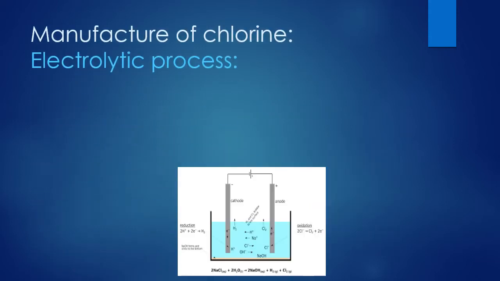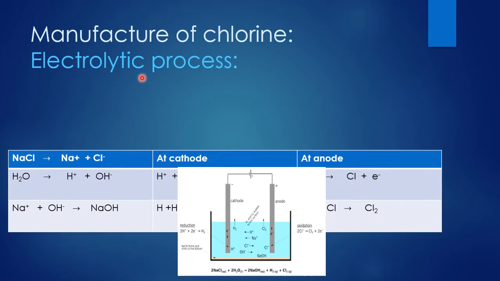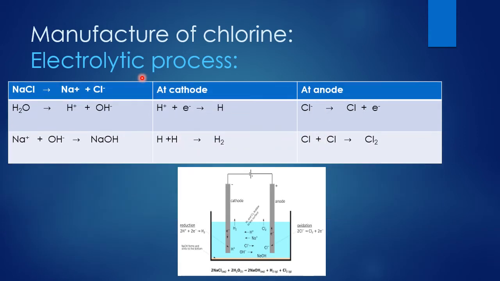Manufacture of chlorine. There are two methods to manufacture chlorine. One method is called the electrolytic process. The other method is called Deacon's process. In the electrolytic process, a solution of brine is taken. Brine, or brine water, is nothing but water which is strongly impregnated with salt, or simply we can say it's salt water.